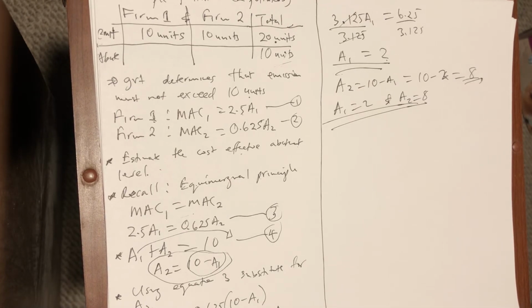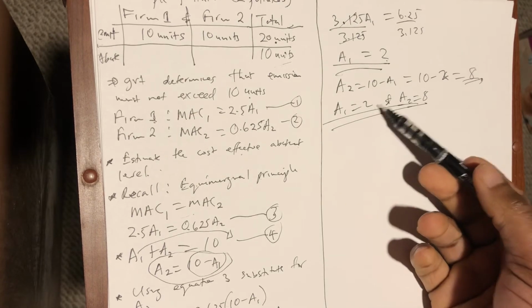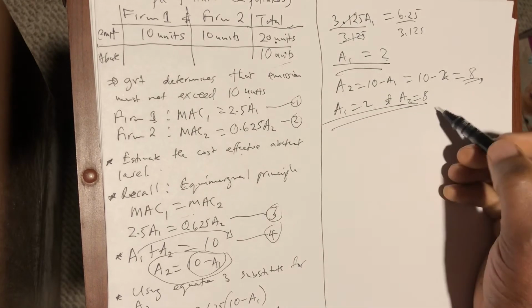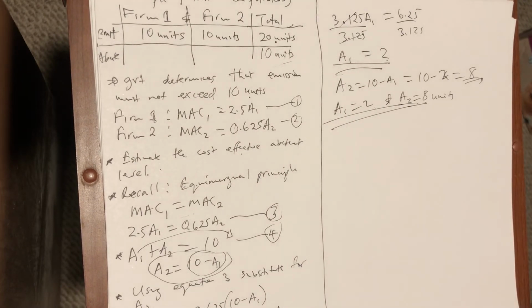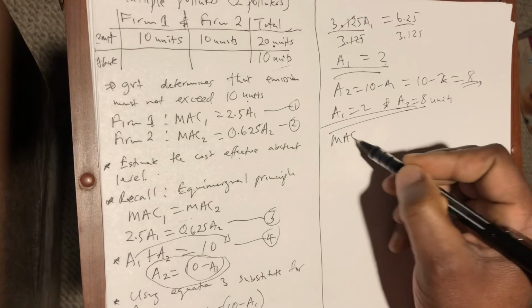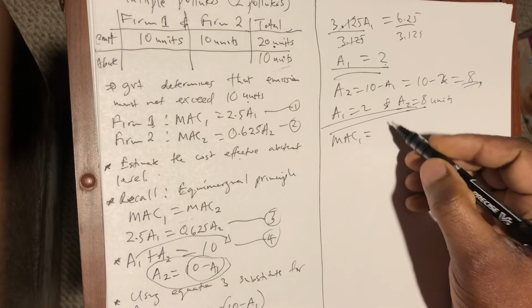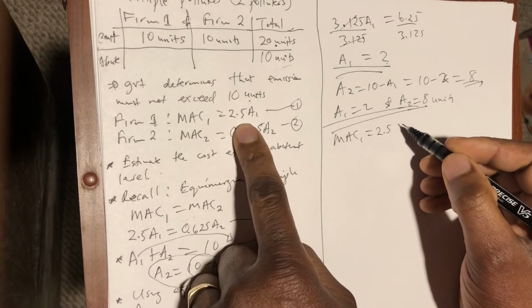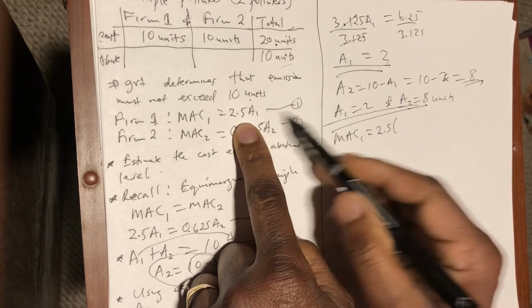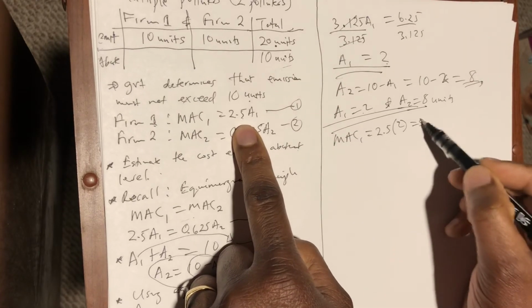Therefore, a cost-effective standard would require firm 1 to abate 2 units and firm 2 to abate 8 units, right? The marginal abatement cost for firm 1 is 2.5 A1, and substituting A1 by 2 gives us 5.